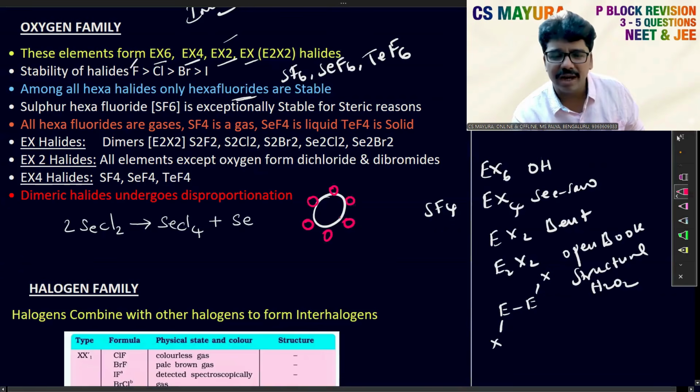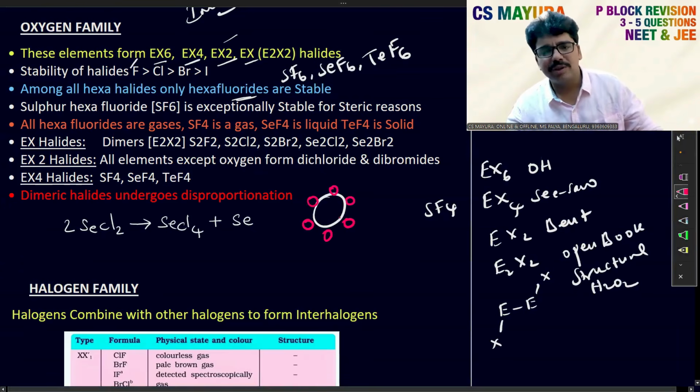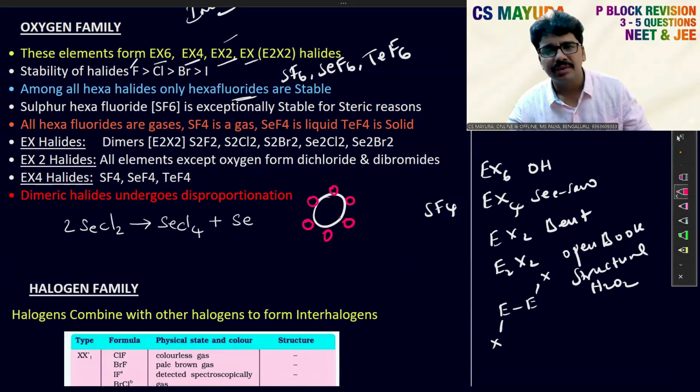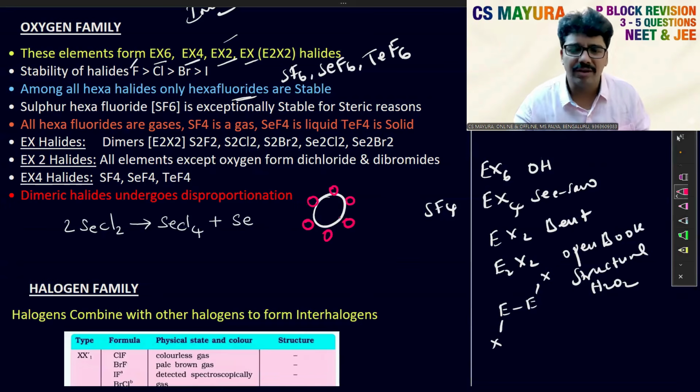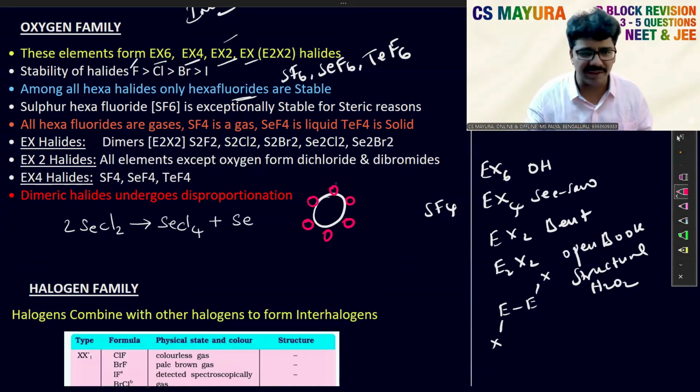So with 6 chlorine, bromine or iodine atoms around the sulfur atom, there are steric repulsions, so that is not stable. But fluorine is smaller. 6 fluorine atoms can accommodate around the sulfur. Because of less steric repulsions, SF6 is more stable. Others are unstable among all hexahalides.